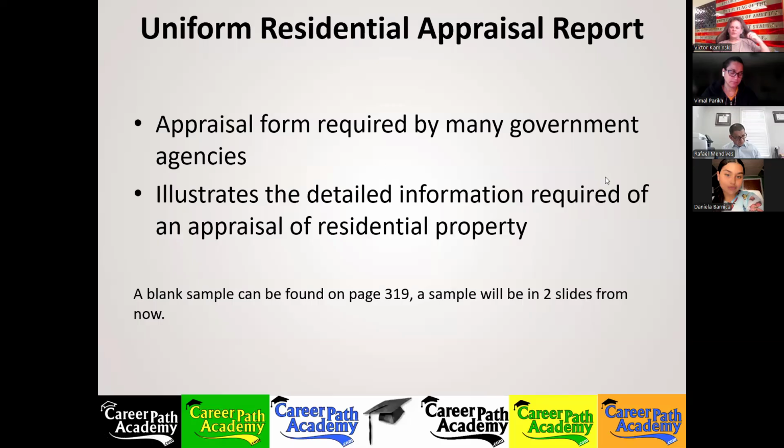But what do we call the form that the appraiser uses to do their appraisal on? It's called the Uniform Residential Appraisal Report. Okay, and this appraisal form is required by many governmental agencies. It illustrates the detailed information required of appraisal of residential property.